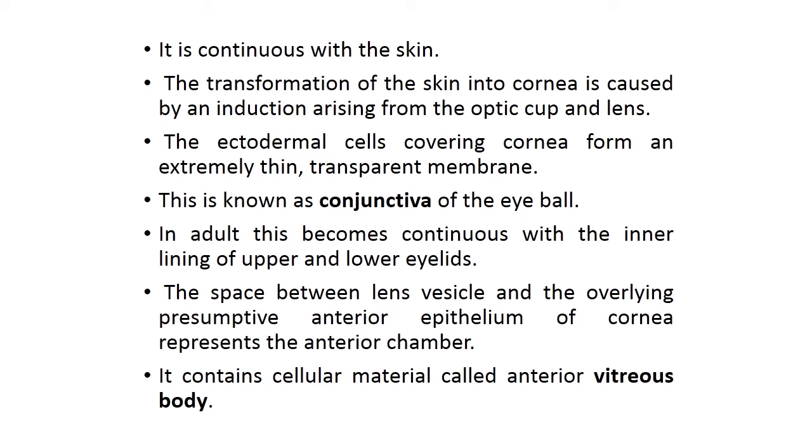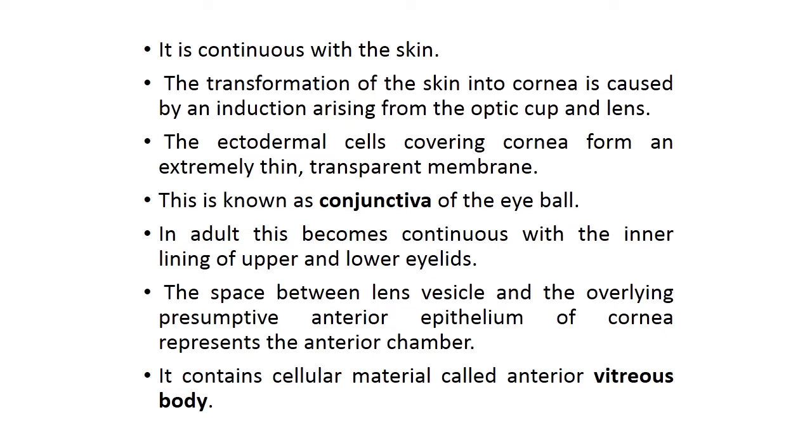The transformation of the skin into cornea is caused by an induction which arises from the optic cup and lens. The ectodermal cells covering the cornea form an extremely thin transparent membrane, and that is what is known as the conjunctiva of the eyeball. In the adult, this becomes continuous with the inner lining of the upper and lower eyelids.